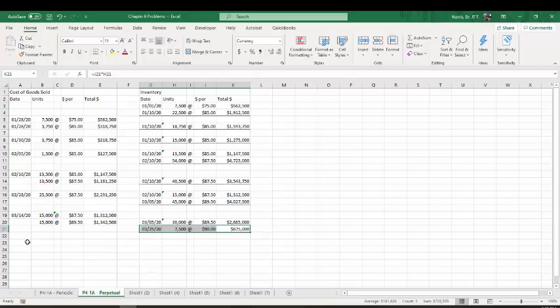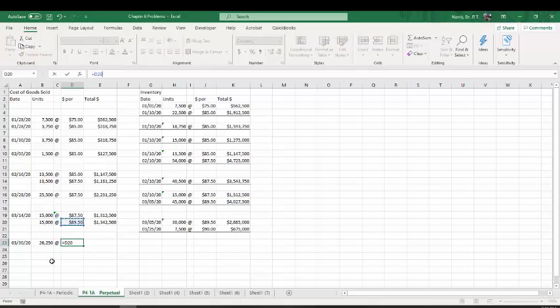So that's what we have in ending inventory when we come up to our last sale on March 30th of 26,250 units. These units are all going to come from the remaining units in stock that we purchased on March the 5th.